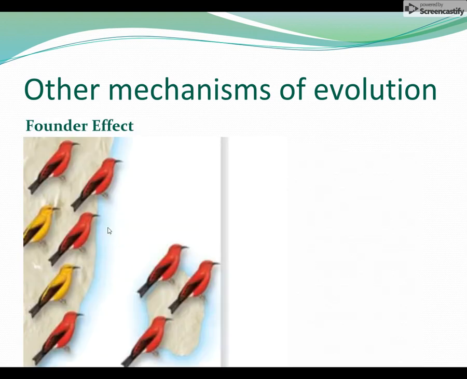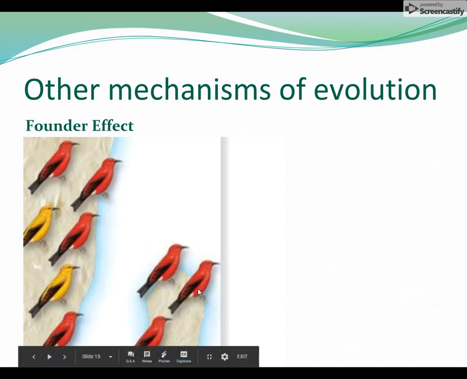The founder effect results in similar outcomes, but it's more cheerful in the way that it happens. So with the founder effect, what you have is a large population that moves into a new habitat. But not all of the individuals from the original population move to that new place.